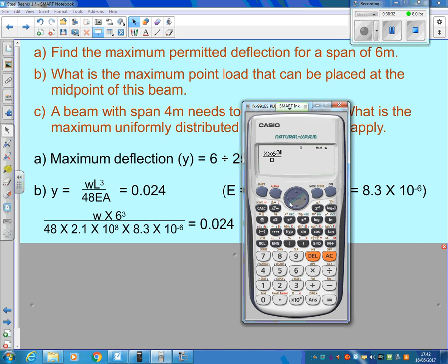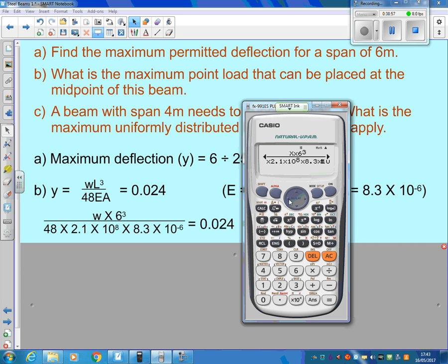That's the top bit. Let's go to the bottom. 48, because it's a point load, that's where you have a 48 at the bottom, times 2.1 times 10 power 8, move it to the right, times 8.3 times 10 to the minus 6.